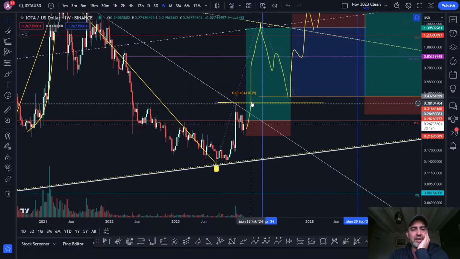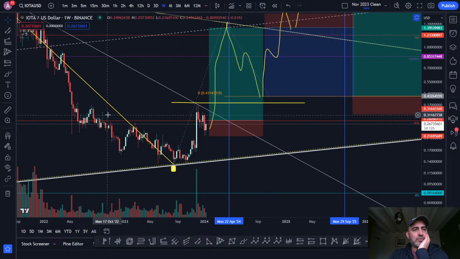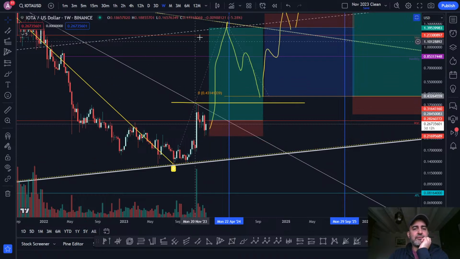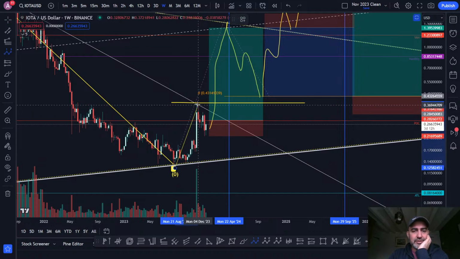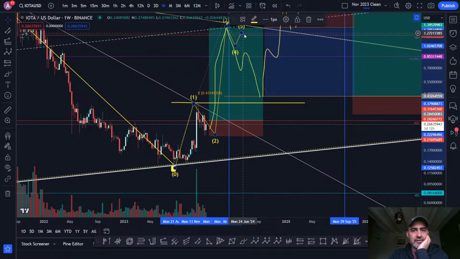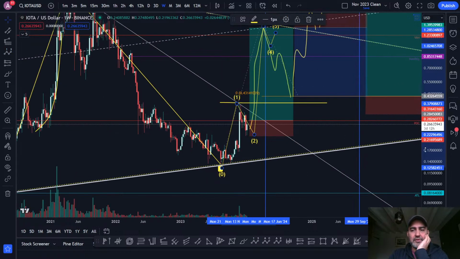Because the reality is, if we're in the wave 1 now, and this is wave 1 of 1, and actually we're in the wave 2 of 1 of 1. I don't know if that made sense, but let's say that's your 1, we're in a 2 now, then that's the 3, 4, 5, that's your wave 1.